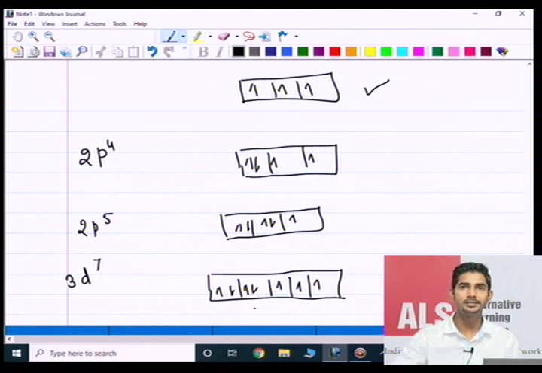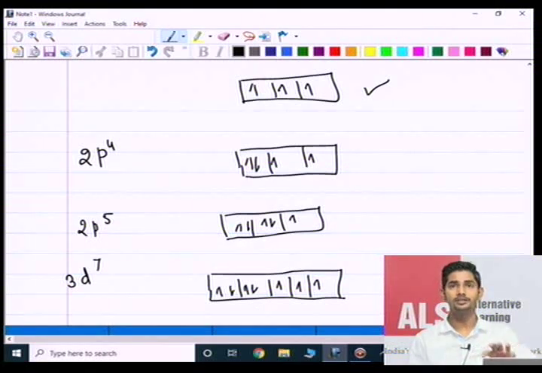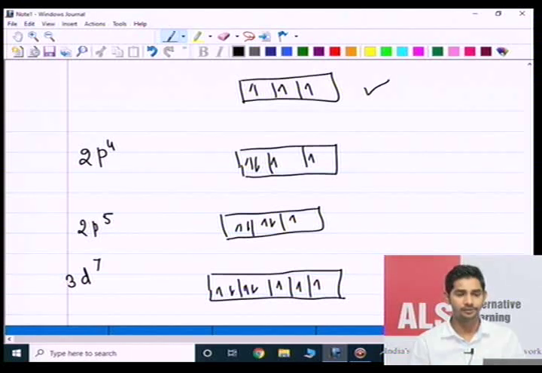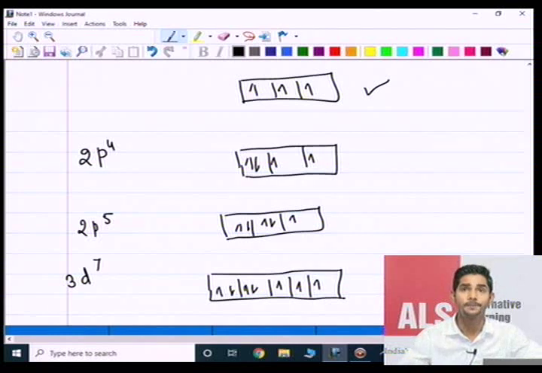It says that while filling the atomic orbitals having the same energy, guys, these 3 boxes when I talk about the p orbital, all of them have the same energy. If I talk about the d orbitals, these 5 d orbitals have similar energy. So it says that first you will fill the electrons singly. Means atomic orbitals first will be filled singly. Then pairing will start.